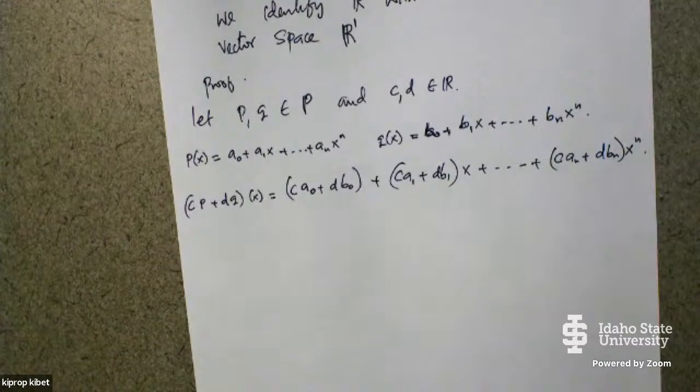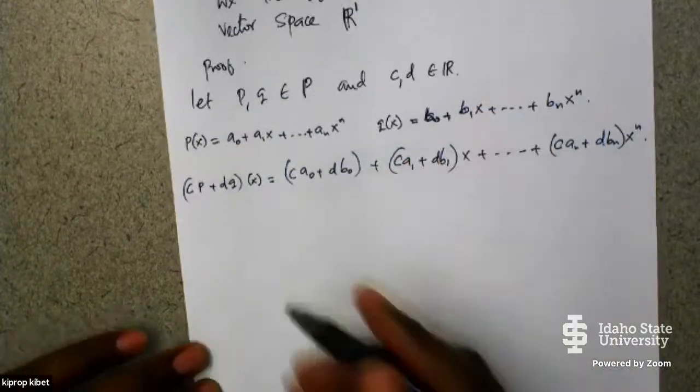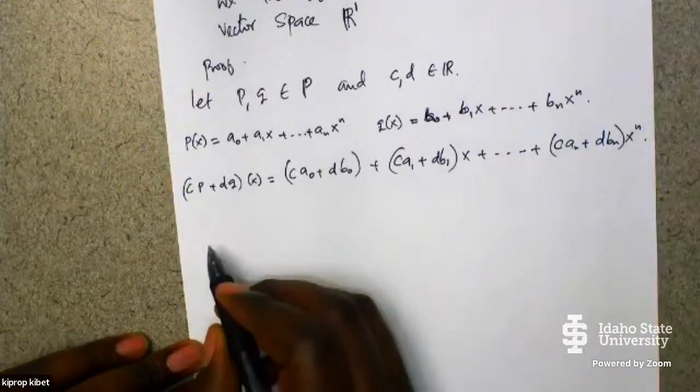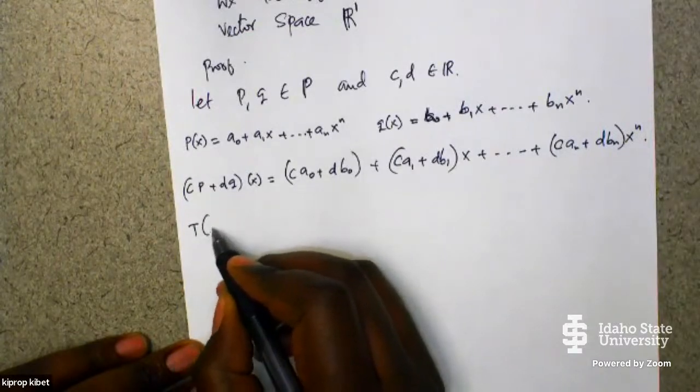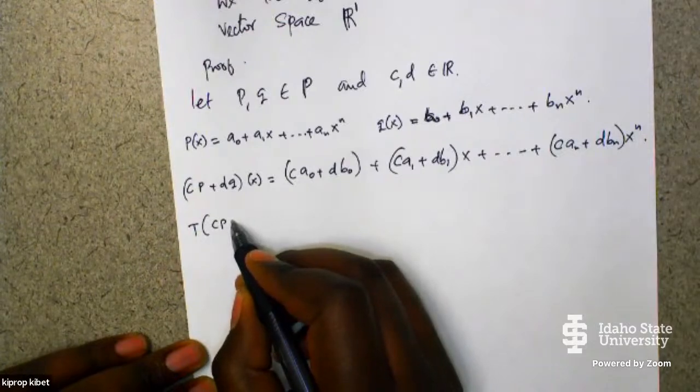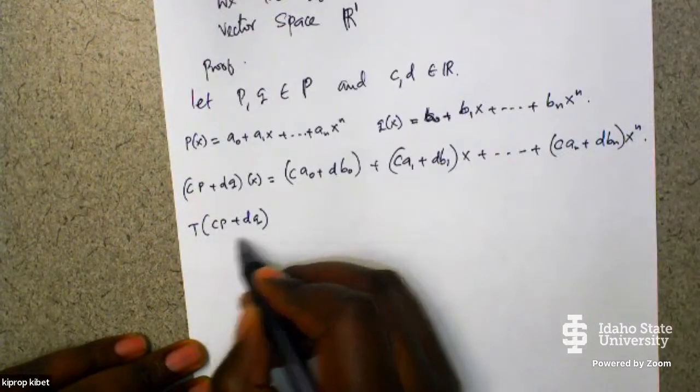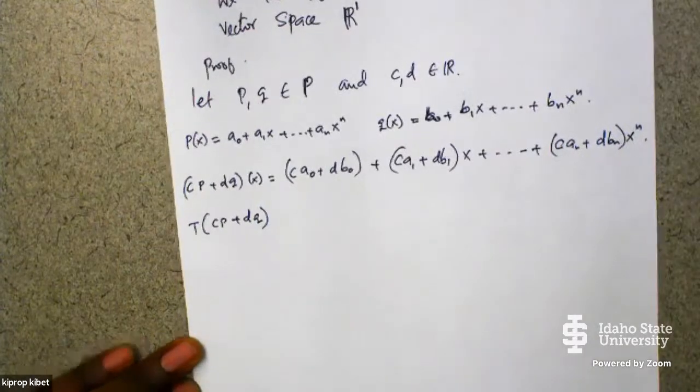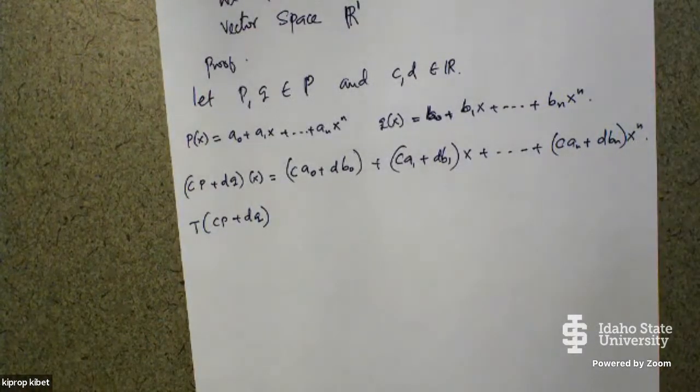Now, when we put the transformation here and x as 0, then T of cp plus dq, if we put x as 0 here, is equal to what?